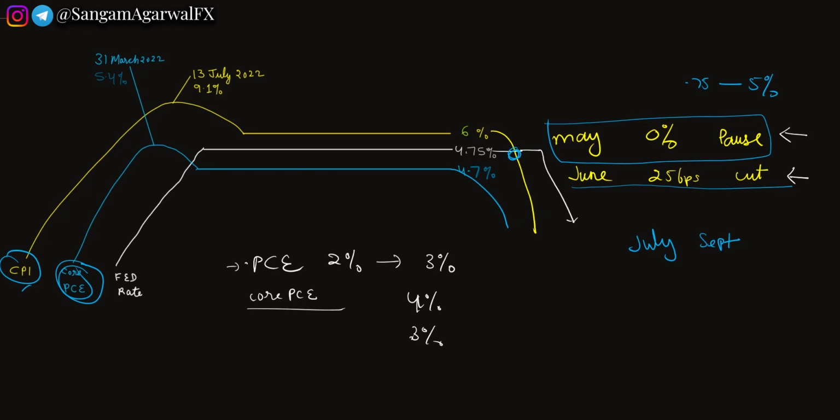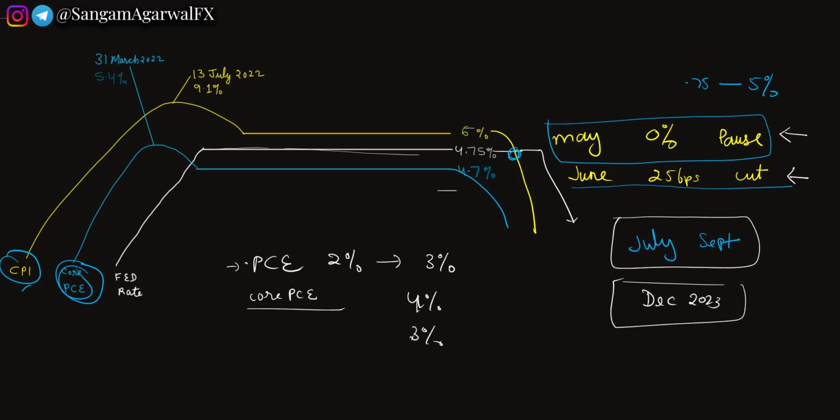And to watch this Fed interest rate line crossing both CPI and core PCE, we have to wait till the July or September FOMC meeting. And that is why the expectation for a rate cut in the December FOMC meeting is the right choice.